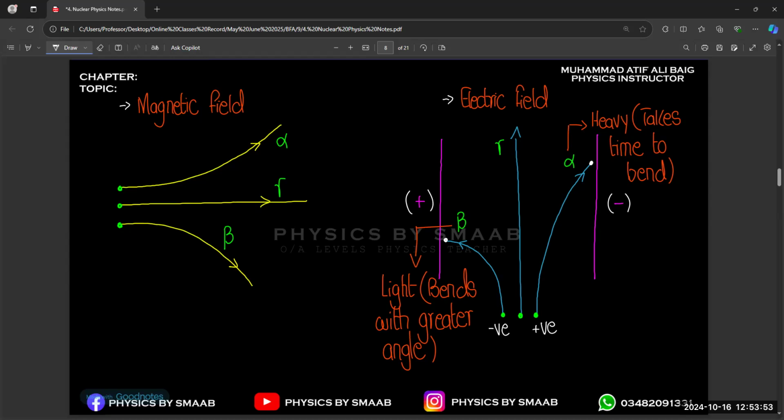Again, alpha is heavy, so it takes more time to deflect. Beta is lighter, so it takes less time to deflect. This is the concept of the magnetic field also.